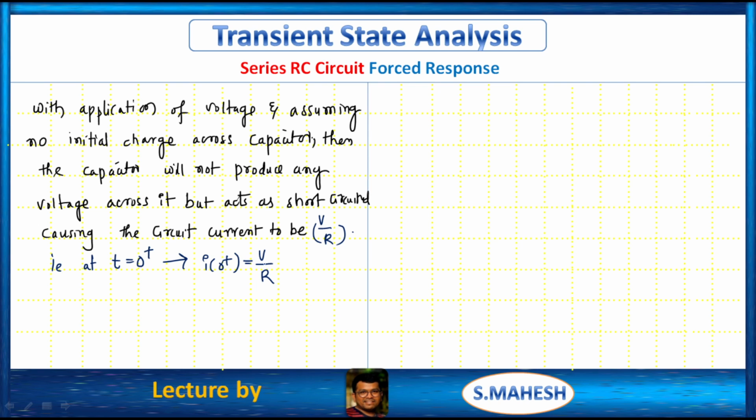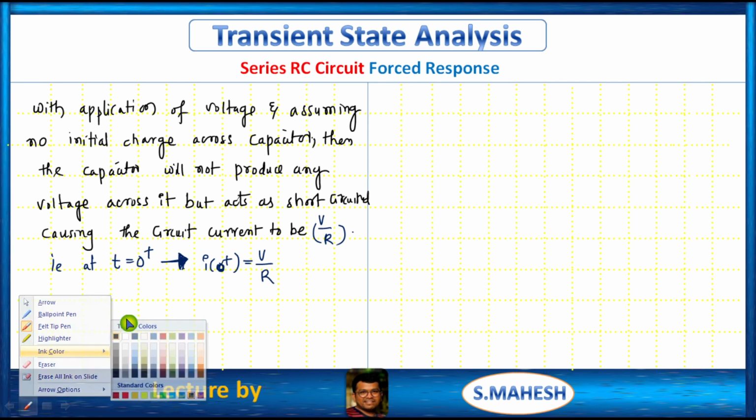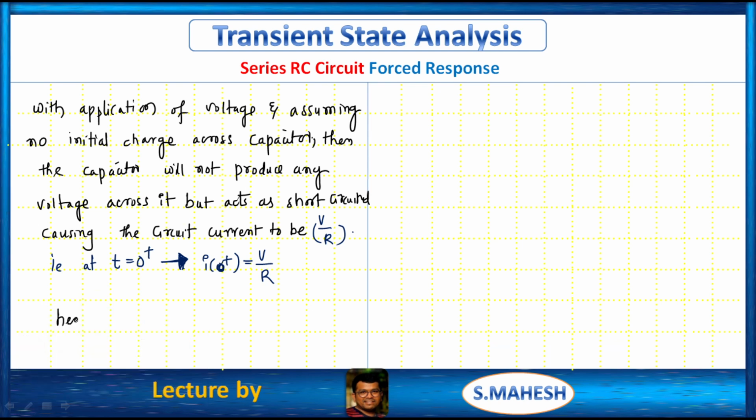We don't have any initial charge, but initially the capacitor acts as short circuited. Because of that short circuiting condition, the circuit will have a current. That current is nothing but what? V by R. This is 0, right? Then we have to substitute this in the equation. Hence at t is equals to 0 plus, we are having K, which is equals to V by R. Simply V by R only, right?